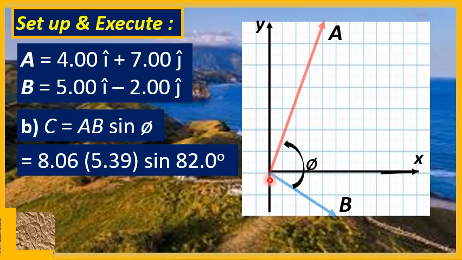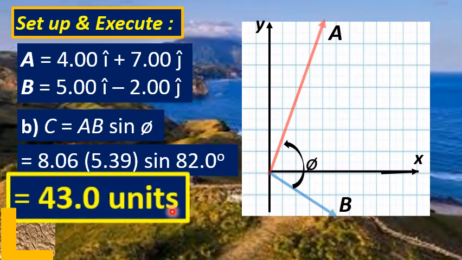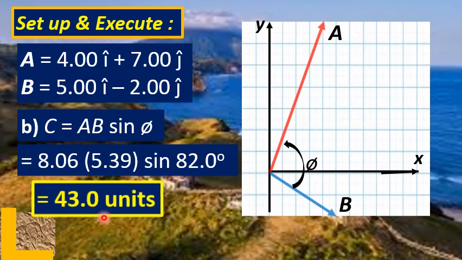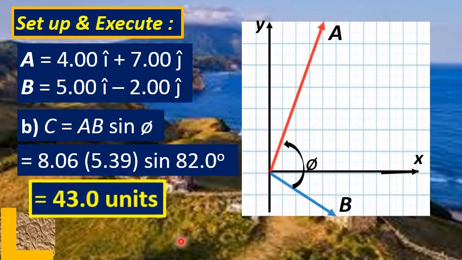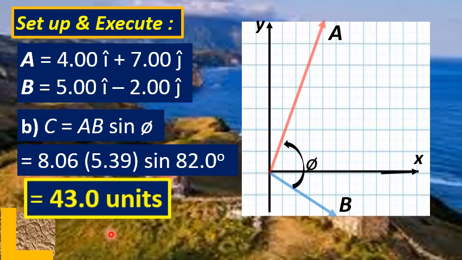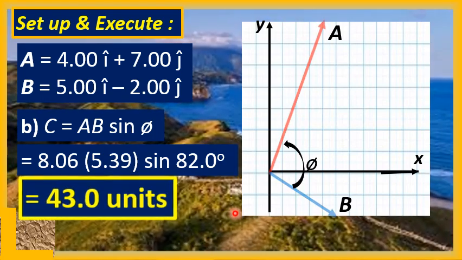So with the help of your calculator, we will find that the magnitude of vector C equals 43.0 units.